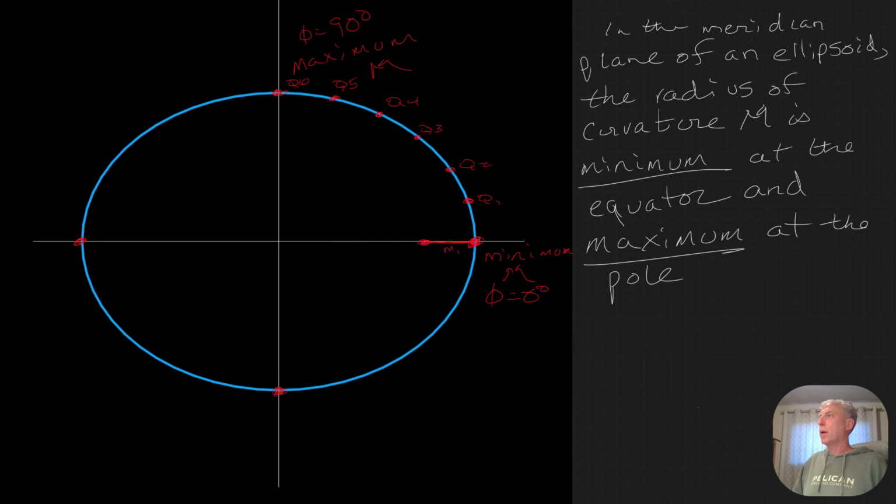That's my radius at the equator, my radius of curvature for a point at the equator on the surface of the ellipsoid. And then if I have Q1, oh, my subscripts are getting messed up. This should be M0.